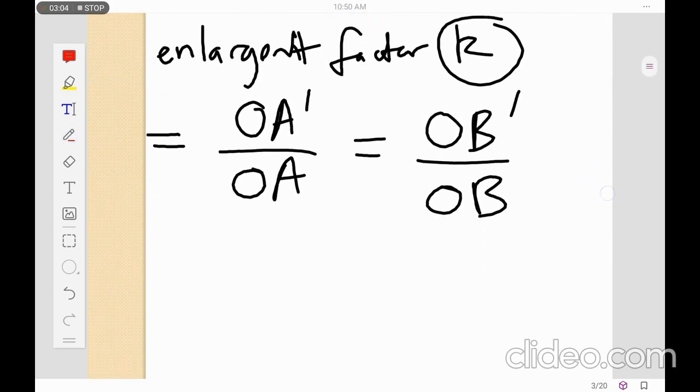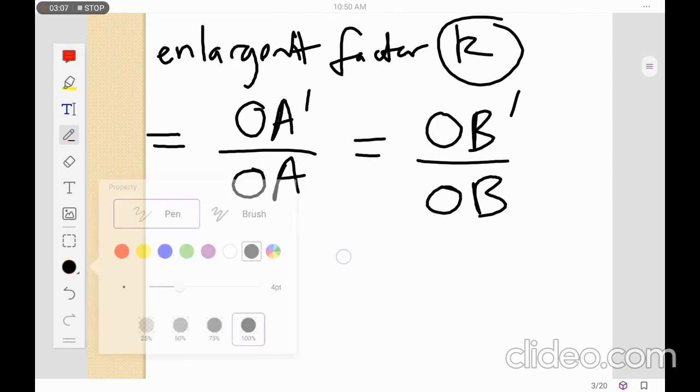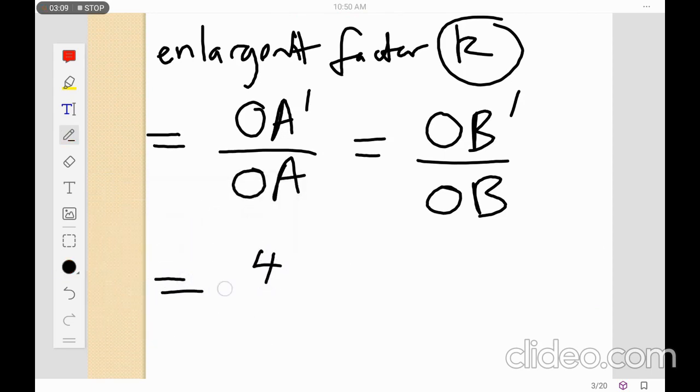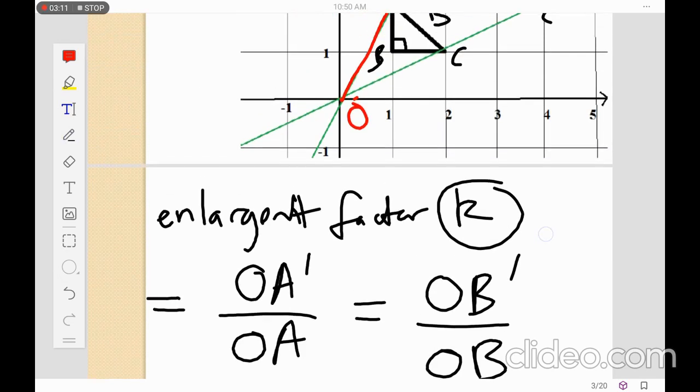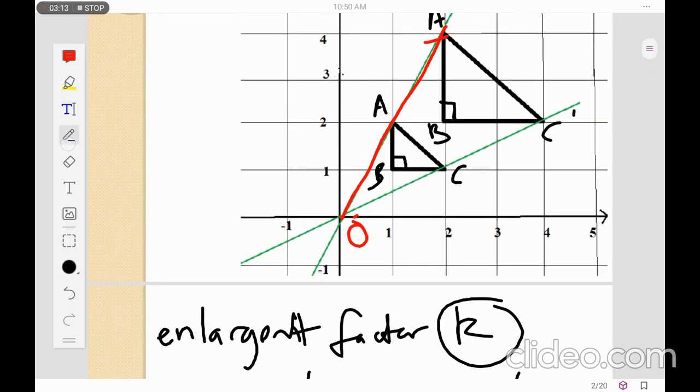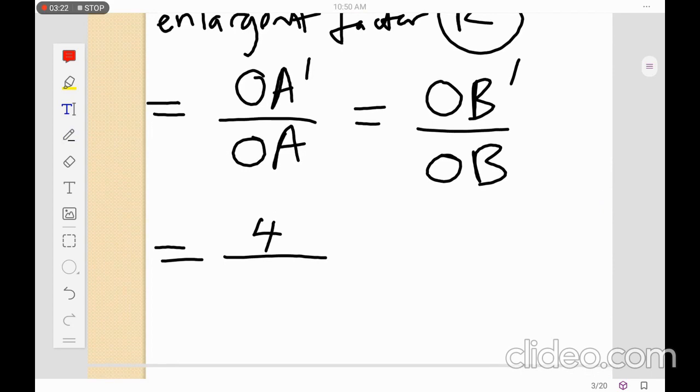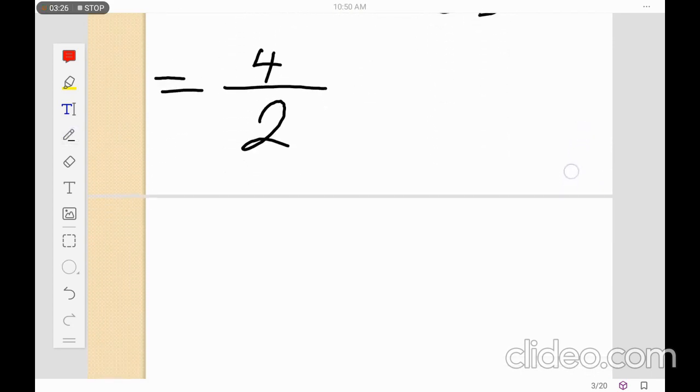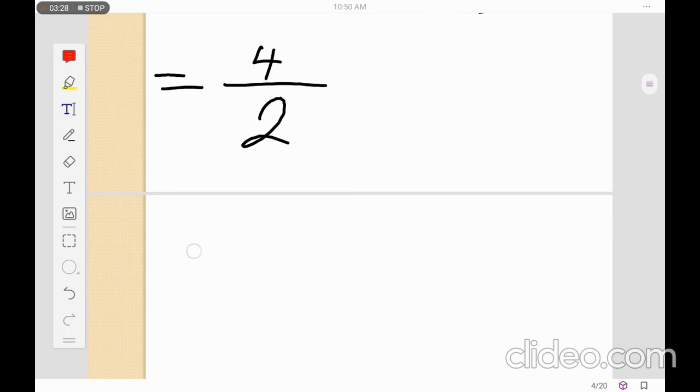So it's 4 over, then I go for my initial, I've got 2 units there, also taking them diagonally. So it's over 2. So the enlargement factor there becomes 2.